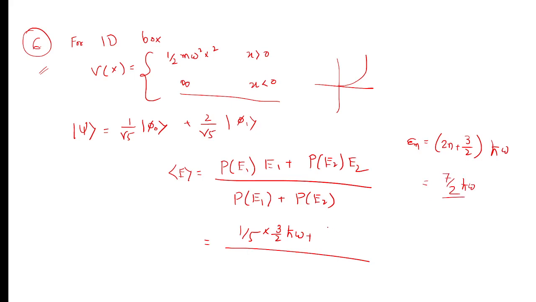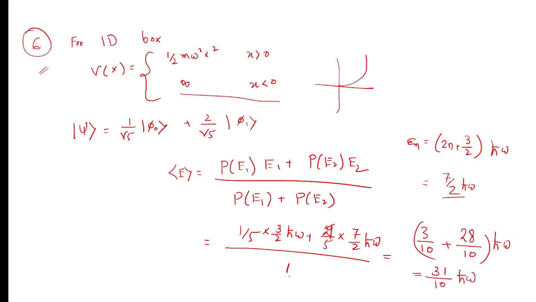So 4 by 5. And the probability is 1, the sum of the probabilities. So the final answer should be 31 upon 10.